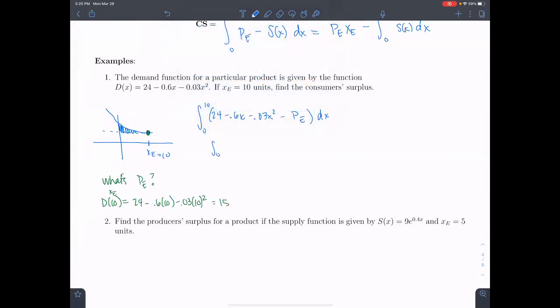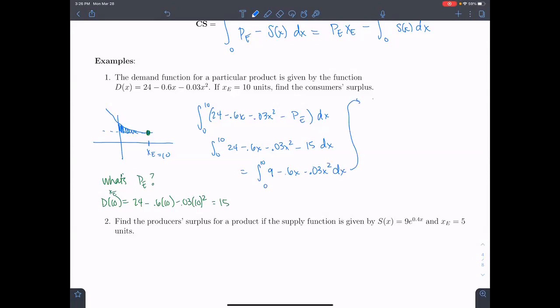So the integral from 0 to 10 of 24 minus 0.6x minus 0.03x squared minus P sub E, which is 15, dx. Keep going there. 24 minus 15 is 9, minus 0.6x minus 0.03x squared, just combining like terms before I take an integral.